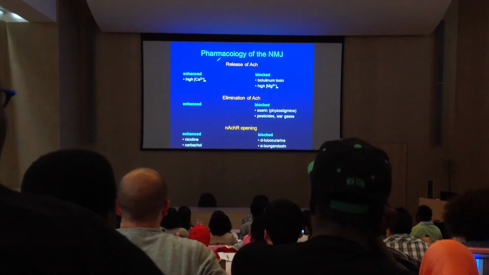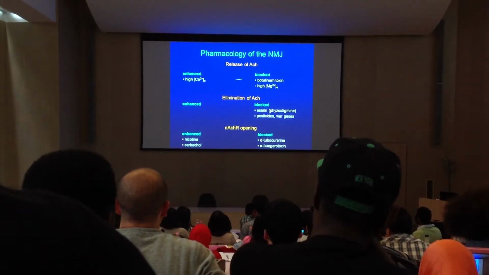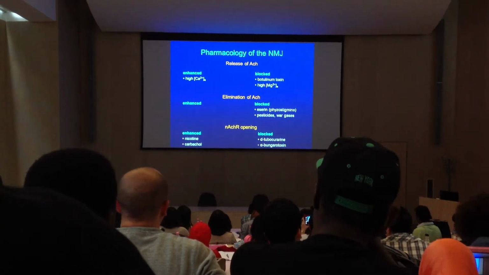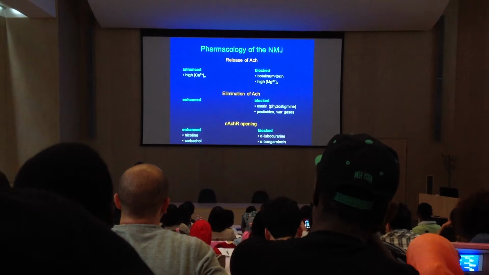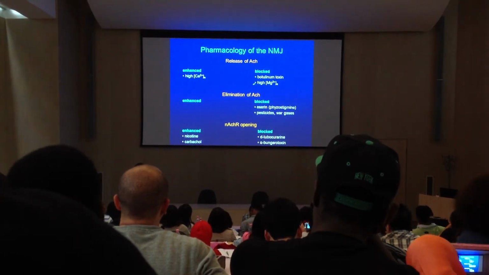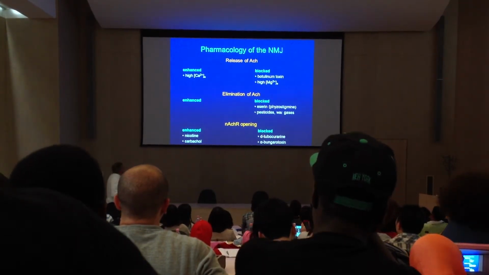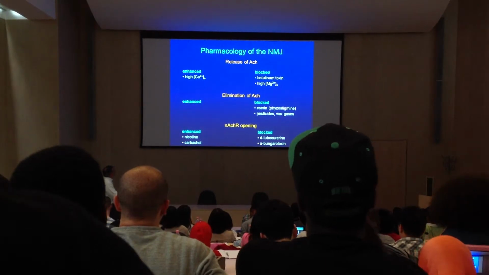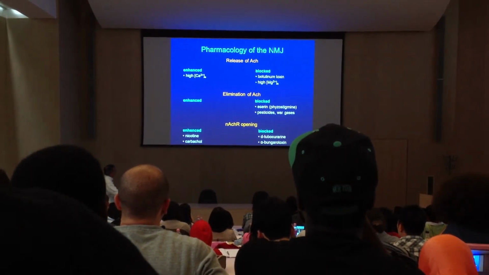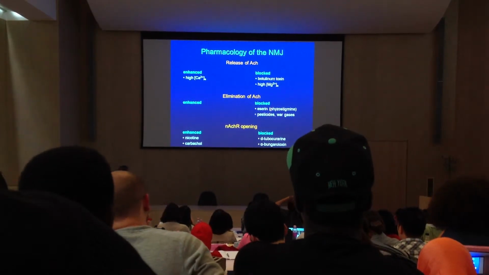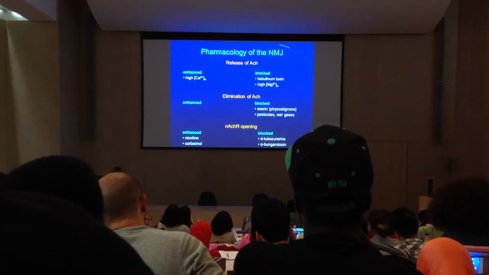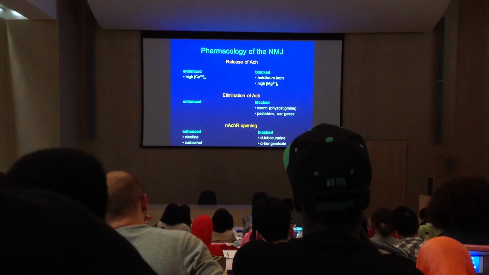So you can in fact influence the release of acetylcholine from the nerves by changing calcium and magnesium concentrations in the extracellular environment. And you can also block the docking of these vesicles by the toxin secreted from that particular bacteria called botulinum toxin.